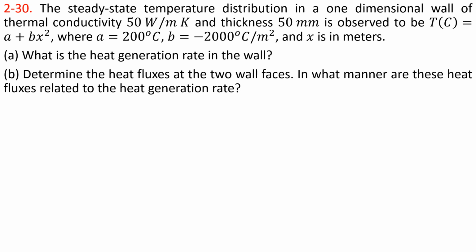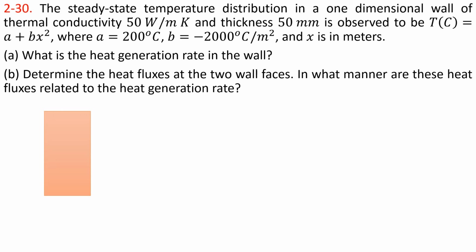Temperature distribution in terms of x is A plus B x square, where A is equal to 200 degrees centigrade and B is equal to minus 2000 degrees centigrade per meter square. In part A, we have to calculate the heat generation rate in the wall, and in part B, we have to calculate the heat fluxes at the two walls.